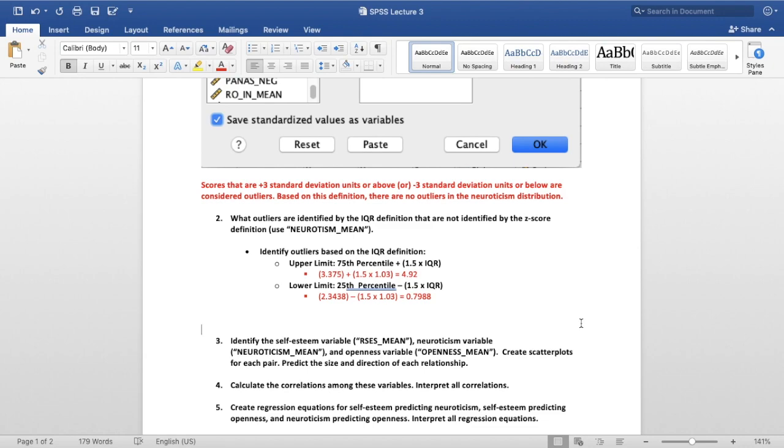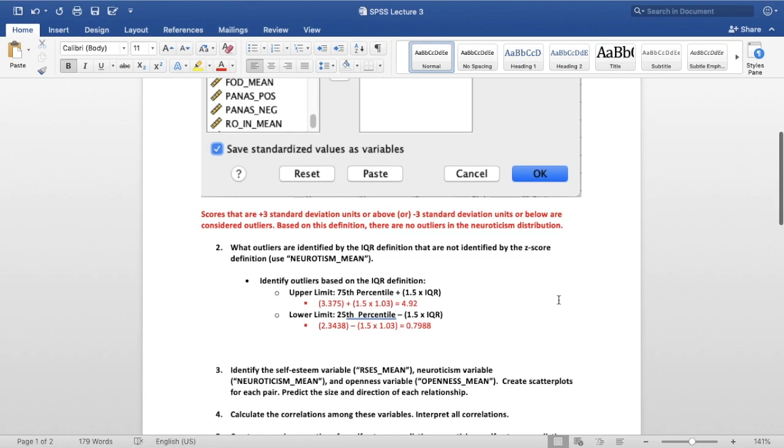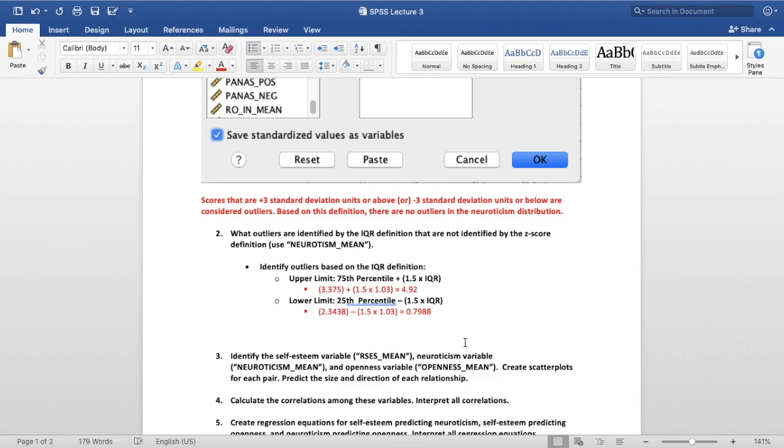Okay, so that's going to be our answer. Basically, this is saying any raw score values that are 4.92 or higher, or 0.79 or 0.8 rather, and lower are considered outliers based on the IQR definition of outliers.